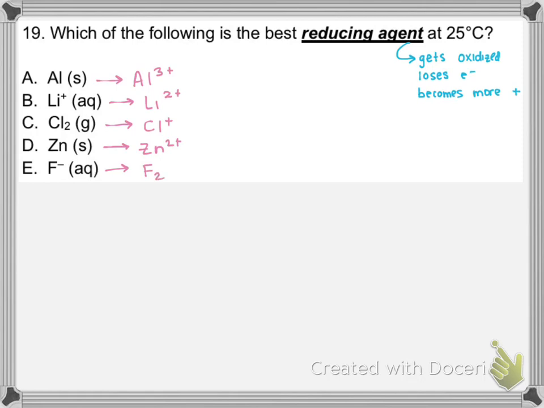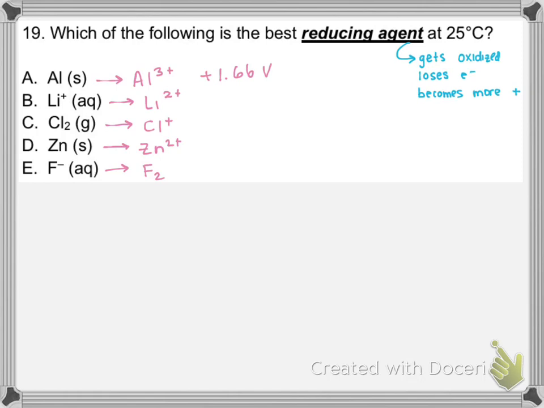Now we can look on the table to see if we have potentials for these reactions. For the aluminum reaction, we'll have that positive 1.66 volts.